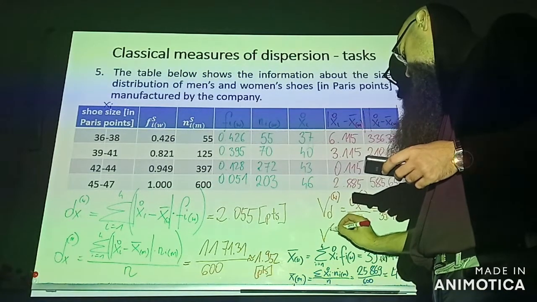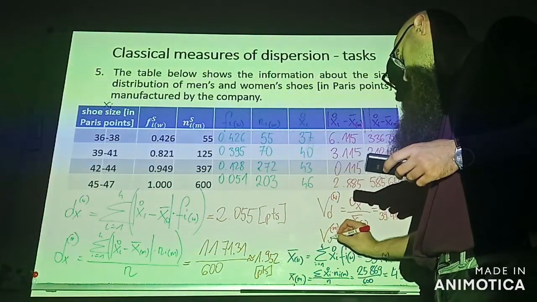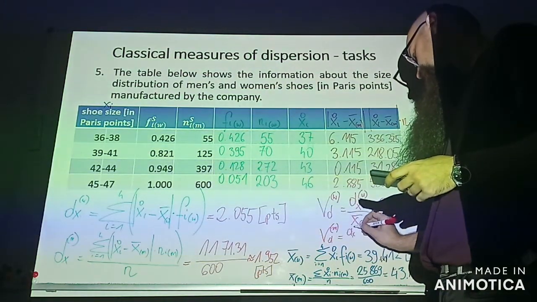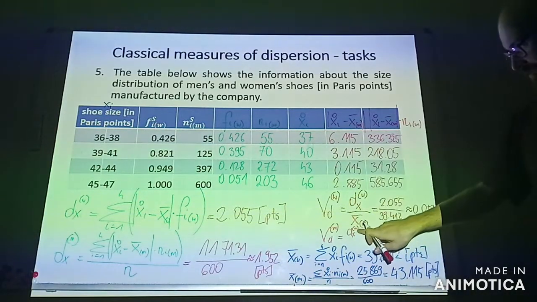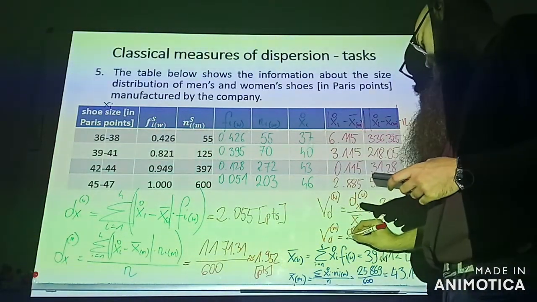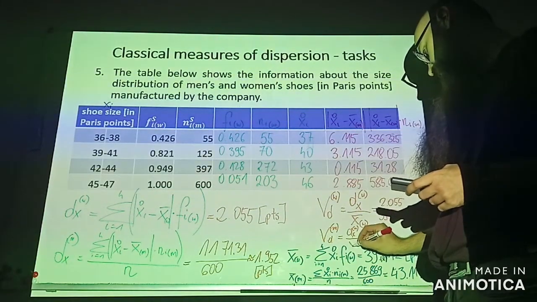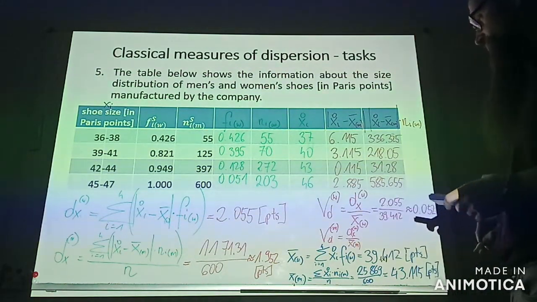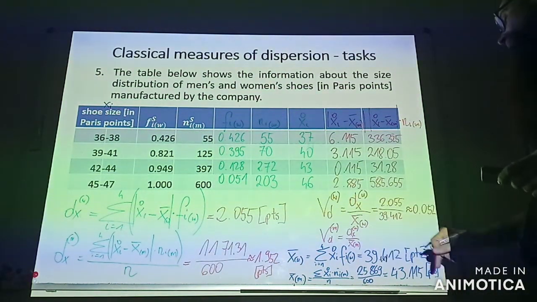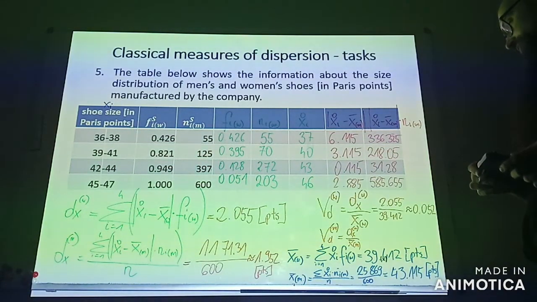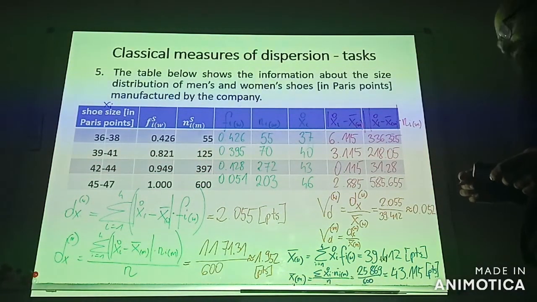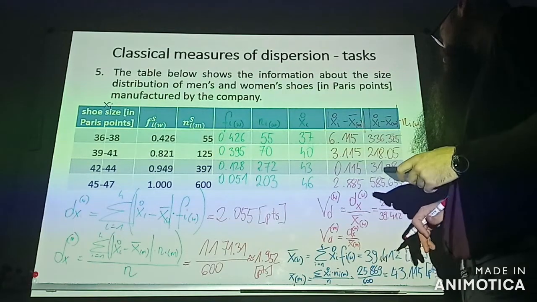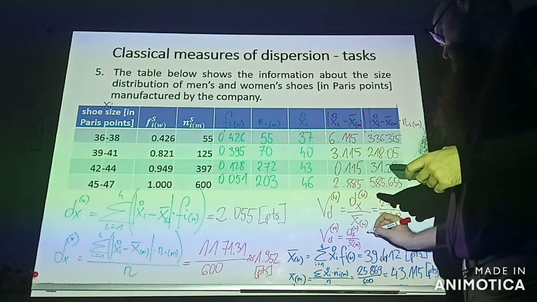Okay, in the next case, men's shoes, we have the following ratio: dx with m upper index divided by x mean, of course, with m subscript. So here this is the ratio between the average absolute deviation of men's shoe size divided by the average men's shoe size.